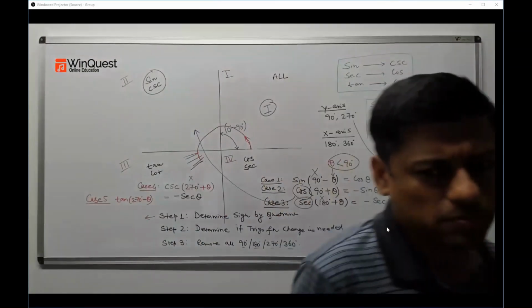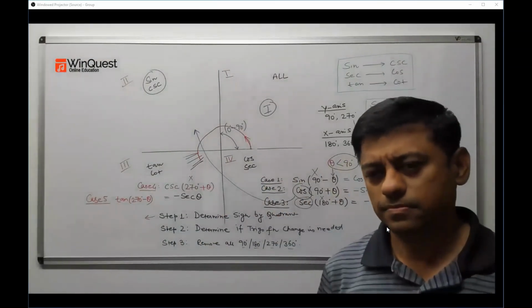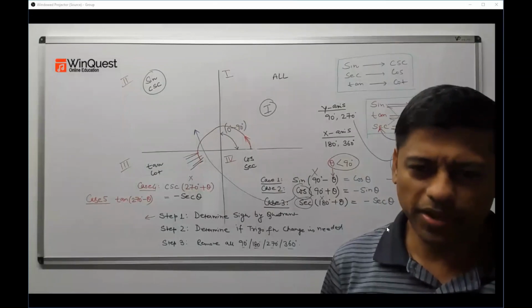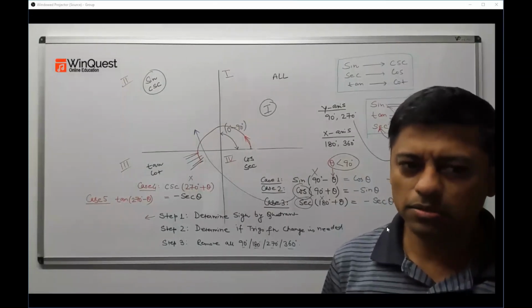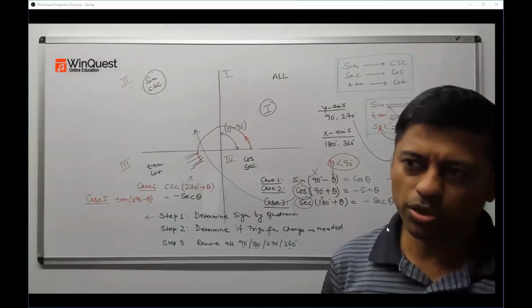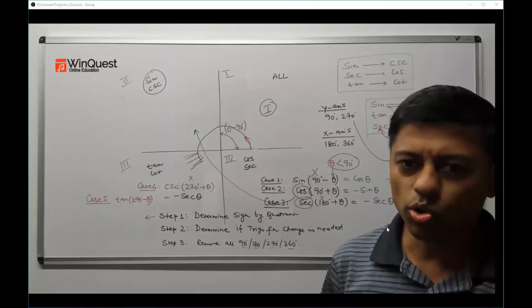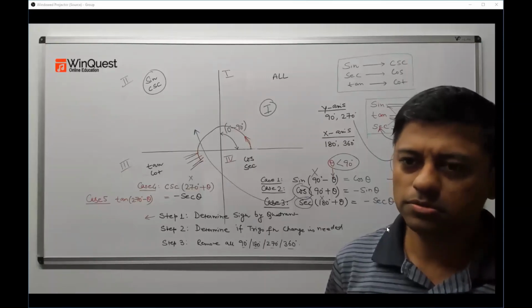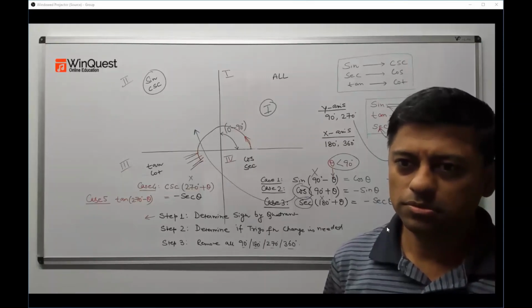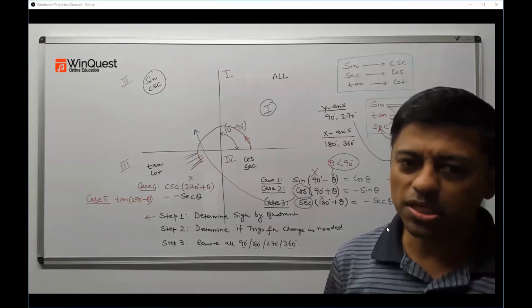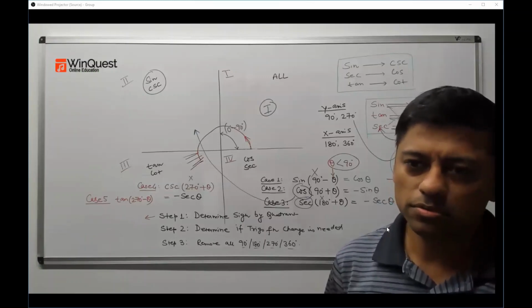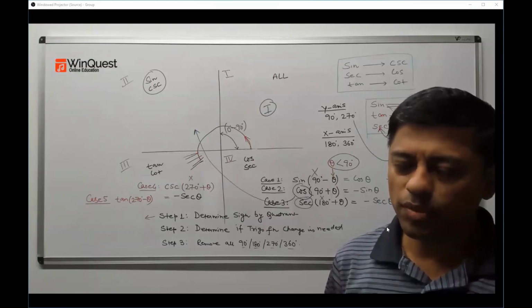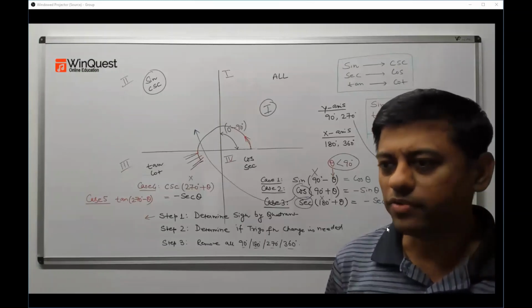Okay, quadrant 3 is plus, not minus. Everybody is okay with that? Yes. Sure. It will go to quadrant 3. Anybody who still thinks that it's going to be quadrant 4? Please come forward. I will clear it.